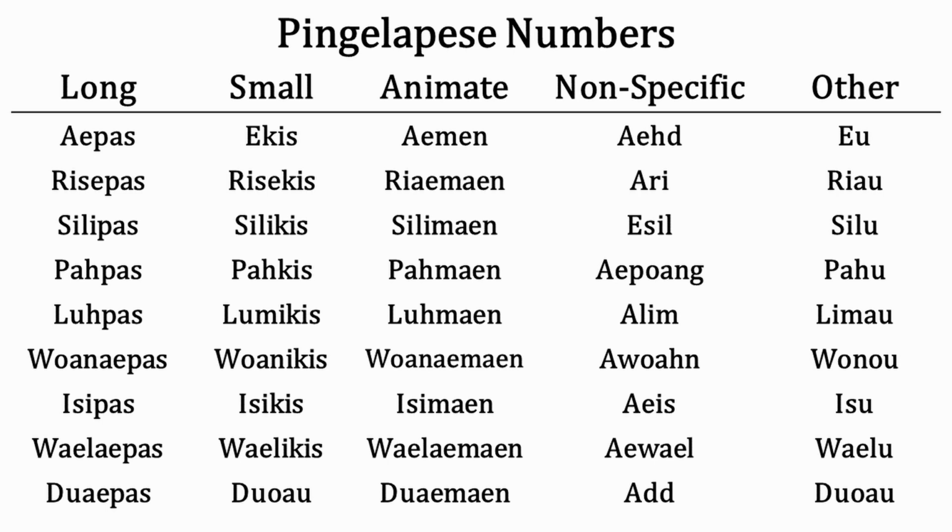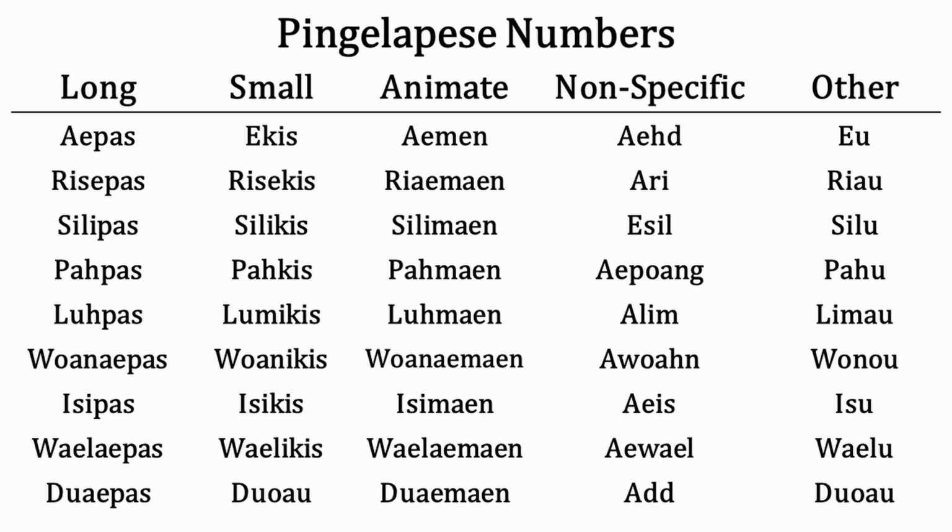In some languages there are different numeral words, even of the same class, used for counting different objects. In the Pingalapese language of Pingalap in Micronesia, there are different number words for long nouns, animate nouns, small nouns, non-specific nouns, and other nouns.